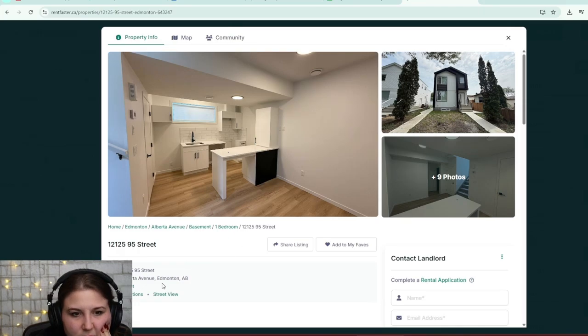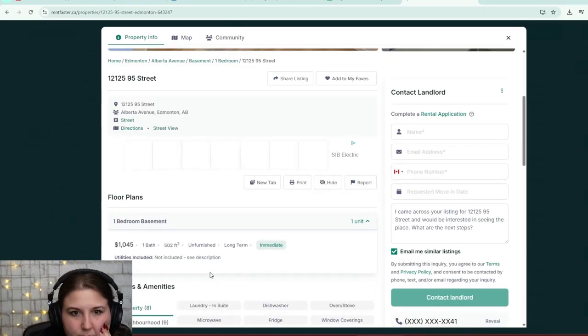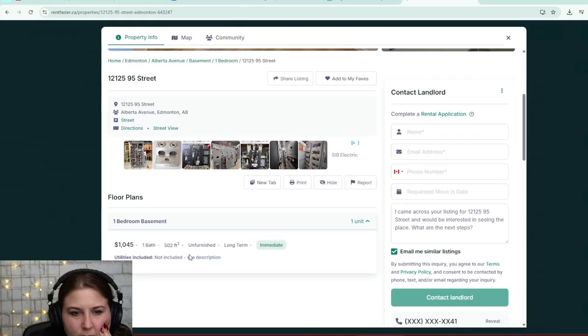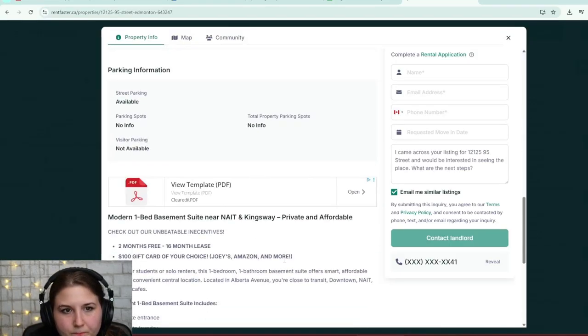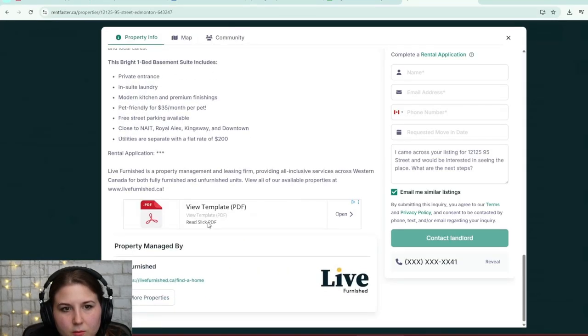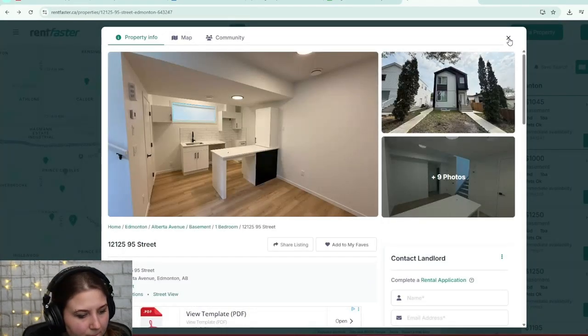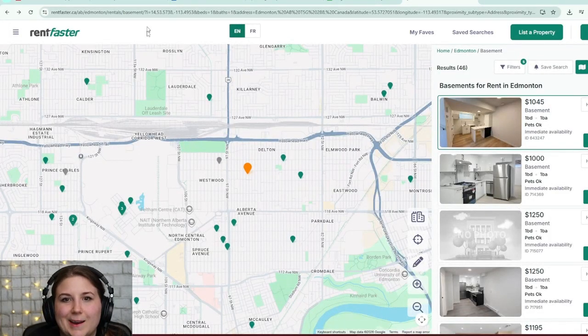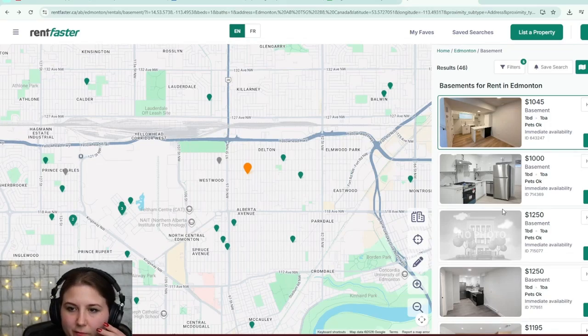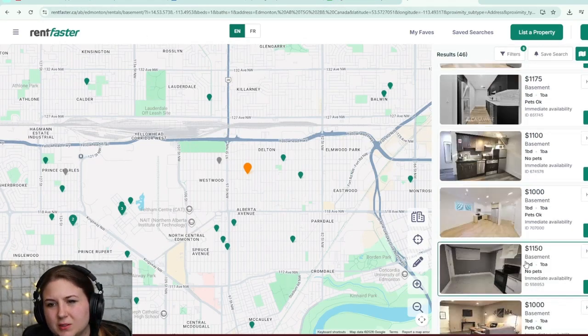I don't know if I like that. Not included for utilities. Most of these 1-bed units will be right around 500 square feet, almost all of them. I'm going to call the basements 900, 50 bucks above 850, so 900 not including utilities. I feel like that's quite safe.